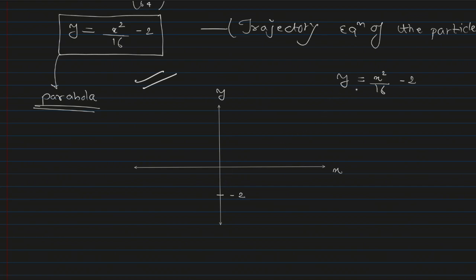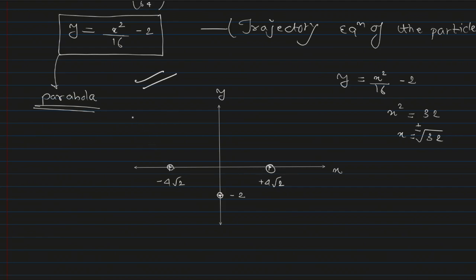And when y equals 0, you will have x square as 32, so x equals plus or minus root 32, which is 4 root 2. So minus 4 root 2 and plus 4 root 2 are the roots of the equation.